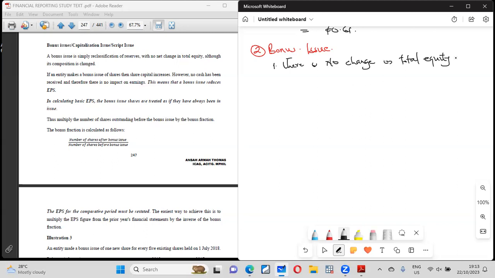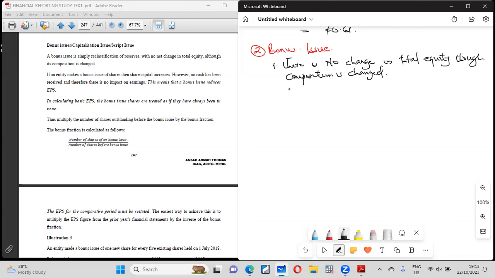So if I had 1 share and you gave me a bonus of an additional 1 share, my shares will increase, but everybody's holding will increase proportionately. So there is no change in the total equity.